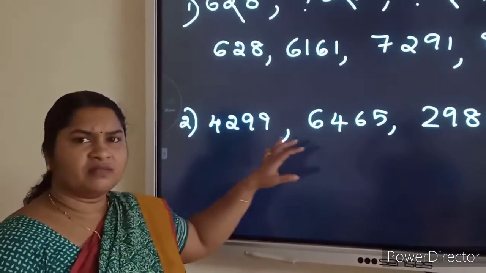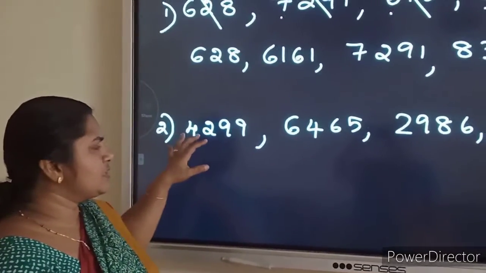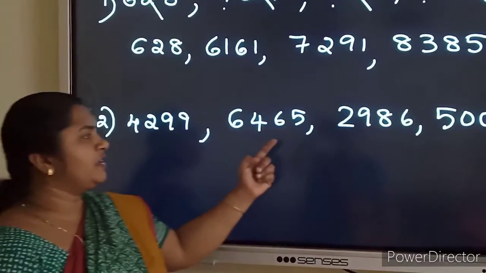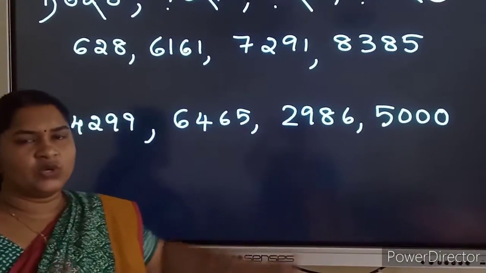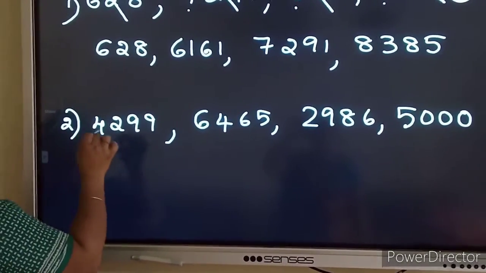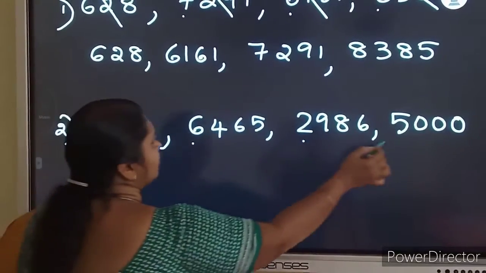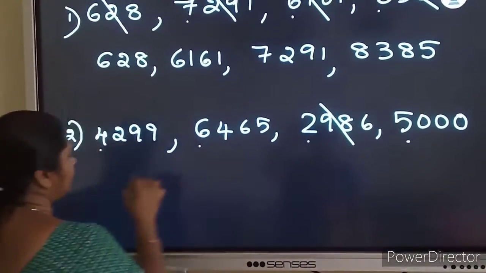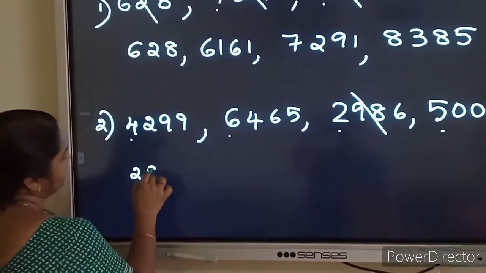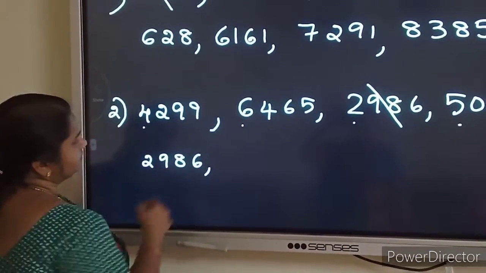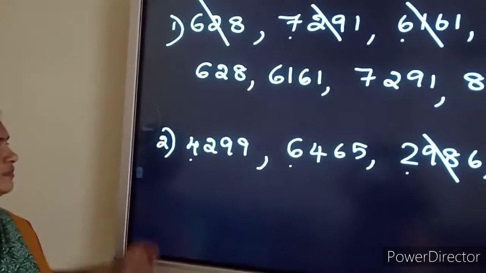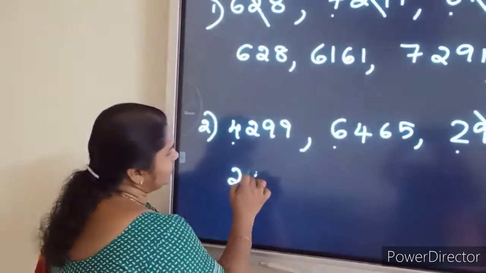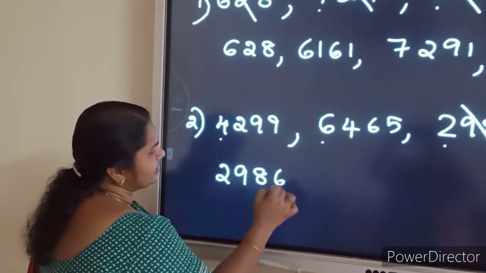We have again one question which consists of 4 numbers and all the 4 numbers have 4 digits. So what we have to do is first check the first digits, which is the smallest one. With the digit 2. Then here we have the first number 2986.